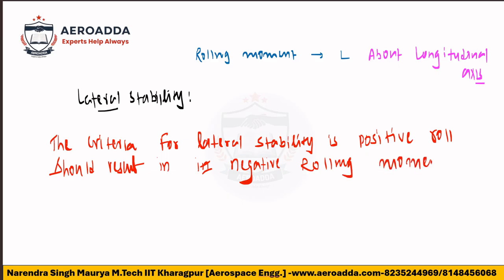Just remind yourself of longitudinal stability, the pitching moment. If you relate to that, you will understand. Rolling moment, that means L, that should be a negative rolling moment. Negative means negative.